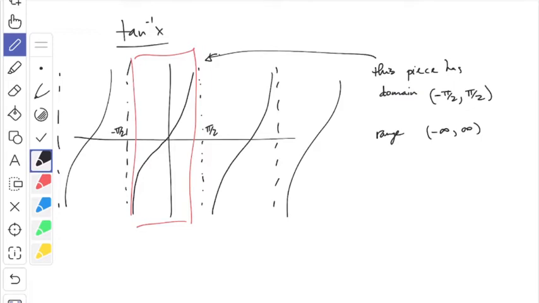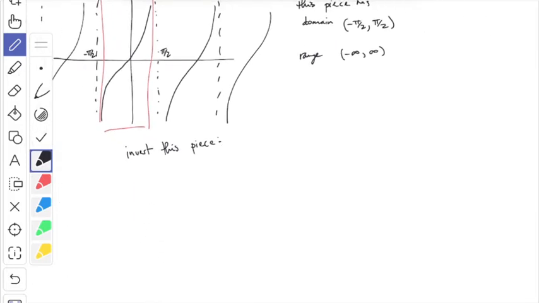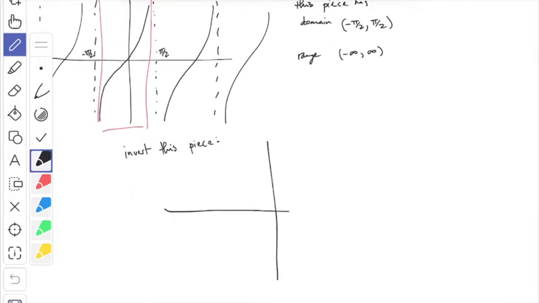And so when we invert this piece, just like all the other examples, but the piece is kind of nicer in this case than the sine or the cosine, what you get is a function that has, instead of those vertical asymptotes, horizontal asymptotes at pi over 2 up here and minus pi over 2 down here.